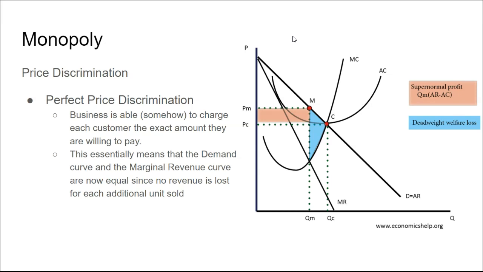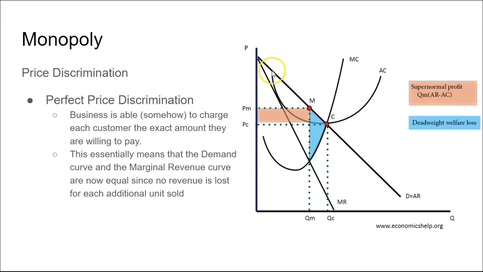So for price discrimination, the most common thing that pops up is a thing called perfect price discrimination. This is where the business is able to somehow charge each customer the exact amount that they're willing to pay. This essentially means that the demand curve and the marginal revenue curve are now equal, because instead of having to charge this PC level or this PM level to all customers, for this first customer, I'm charging them a whole bunch.